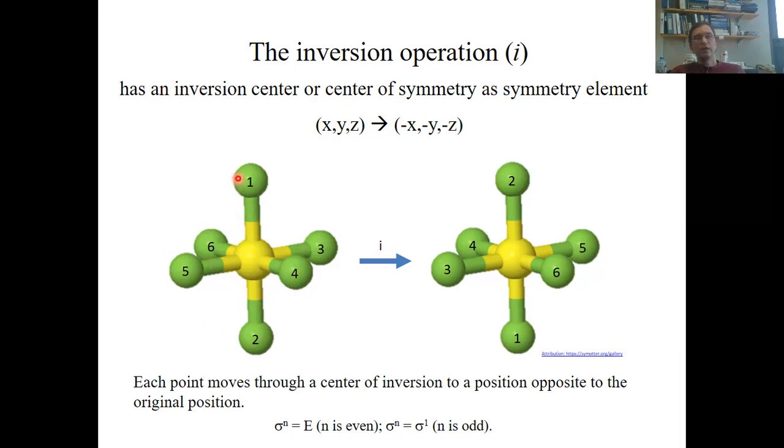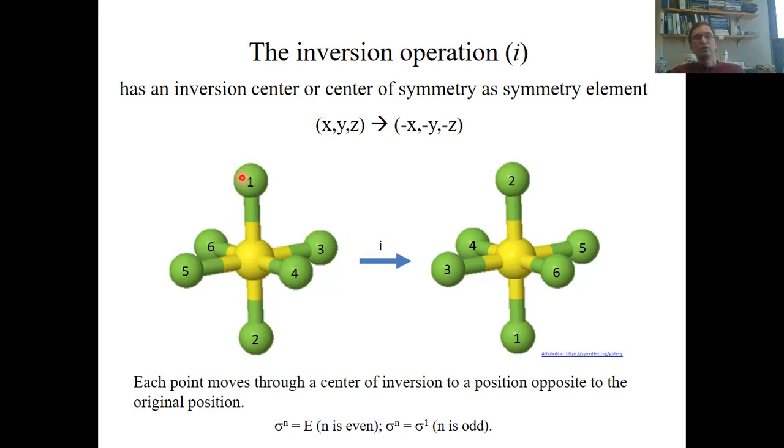So it has 6 fluorine atoms surrounding the sulfur atom in the center, which are labeled here. So as we carry out the inversion operation around an inversion center, which sits here in the center of the molecule, then we'll move all the atoms through that inversion center to the other side.